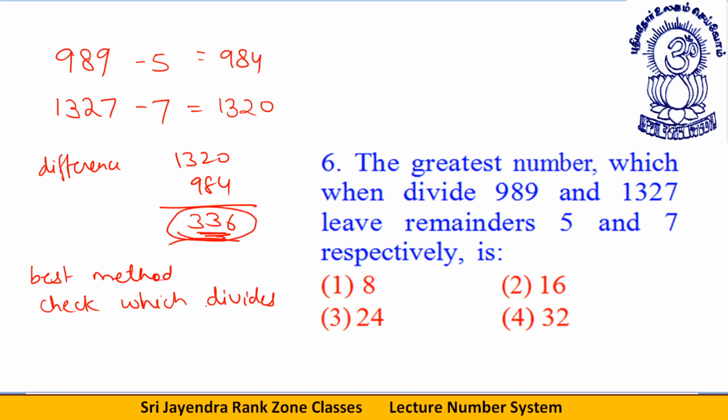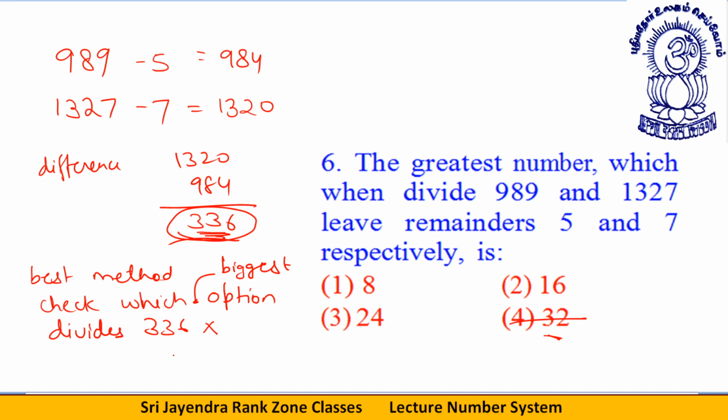Okay, check which biggest option divides 336. Let's start with 32. 32 does not divide 336, so 32 is not the answer. 24 divides 240.